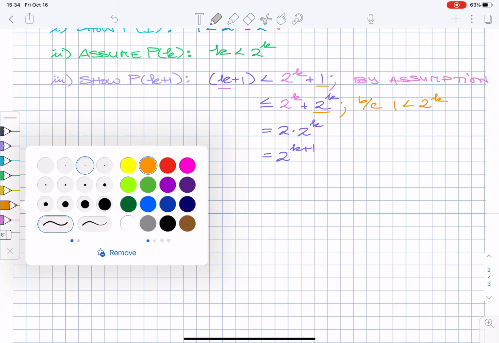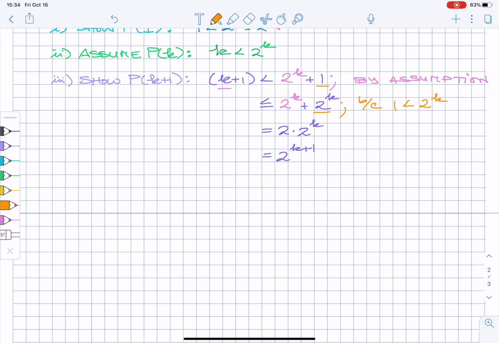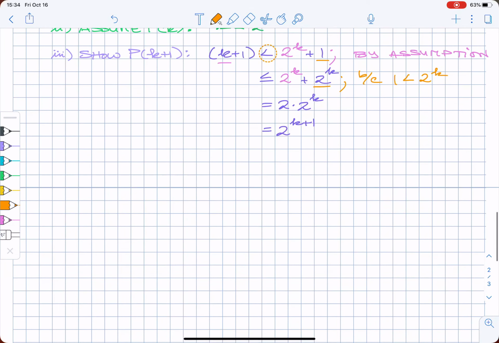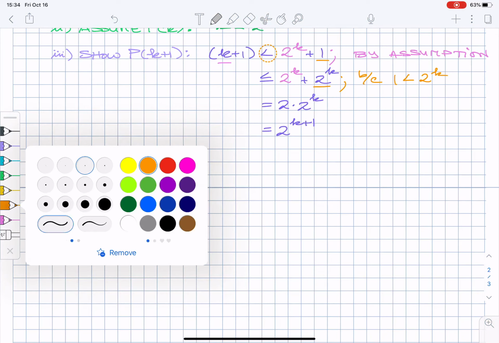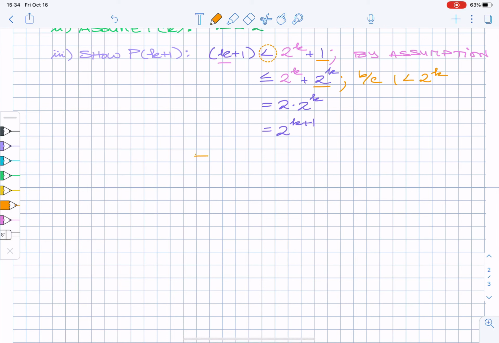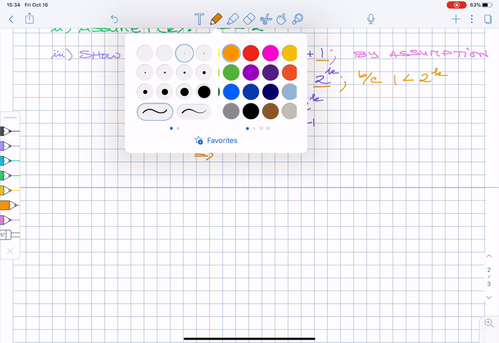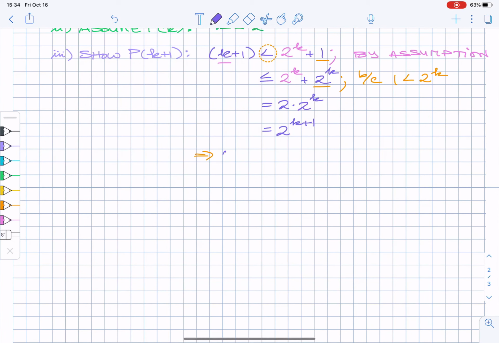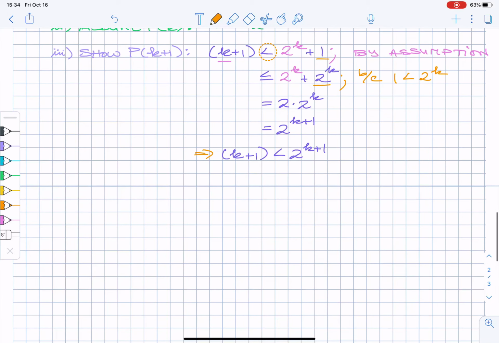So we have this inequality still from up here, which still holds true. So this implies that k plus 1 is indeed less than 2 to the k plus 1, because all of these steps of logical progression were true.